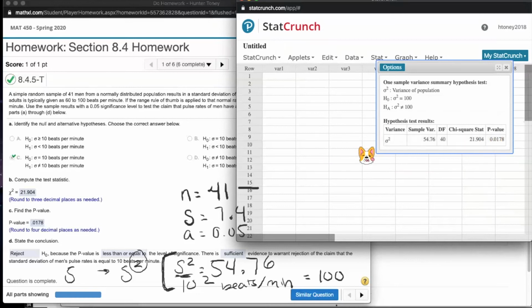So I know this is kind of a strange method. Usually we can just put in the numbers we get from the problem, but because we don't have a standard deviation option, we only have variance, we have to kind of work with the tools we have, and since we know the relationship between the two, we can manipulate the data just a little bit.